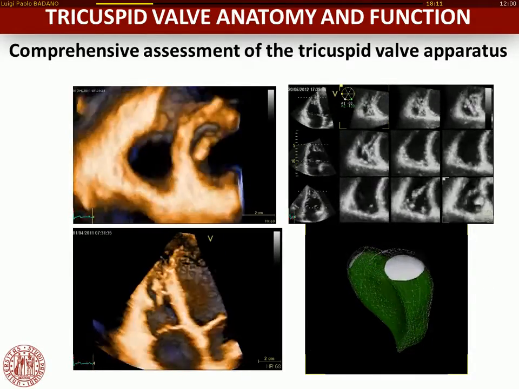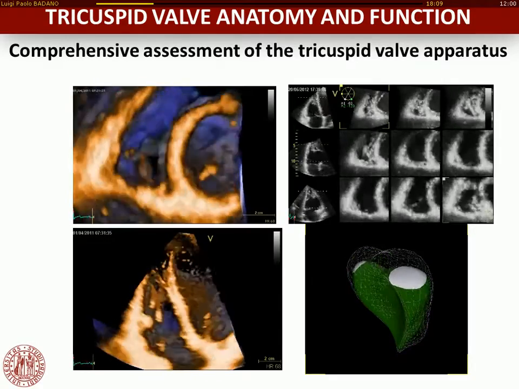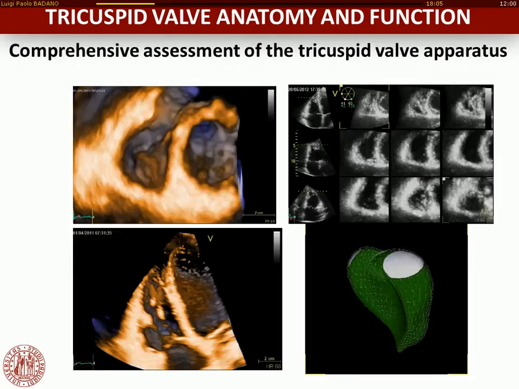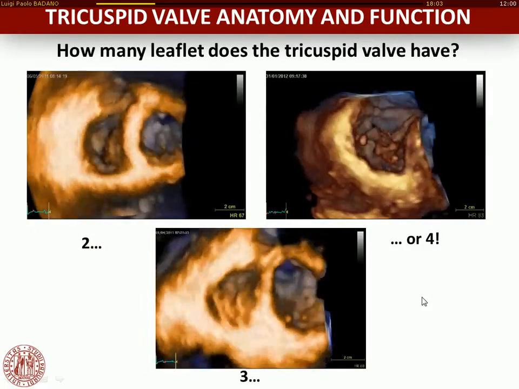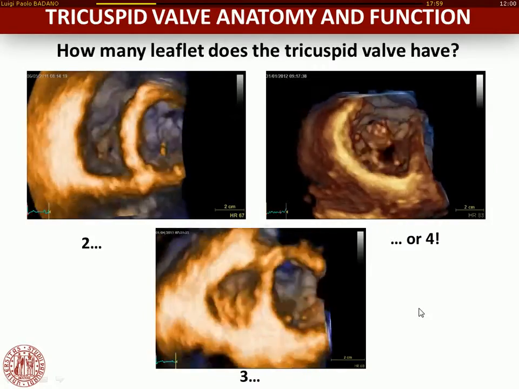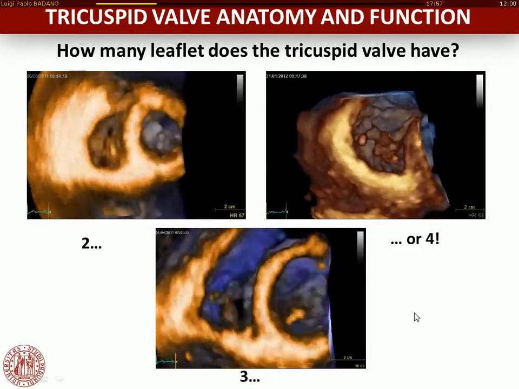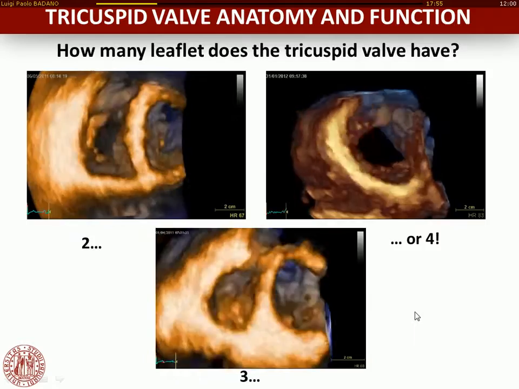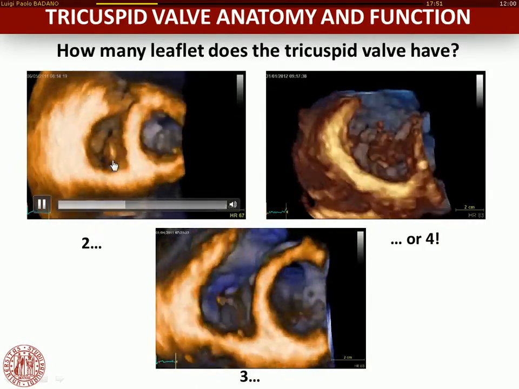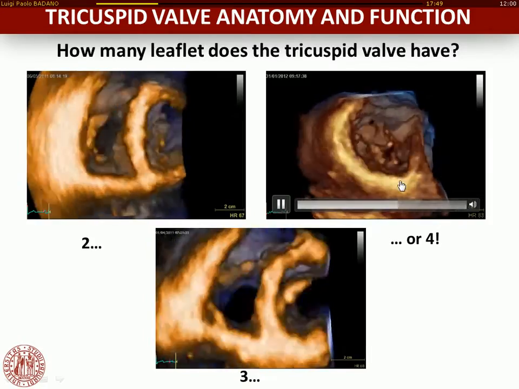Having this nice way of looking at the tricuspid valve, we were first interested in looking at its anatomy. The first question was, how many leaflets does the tricuspid valve actually have? We have seen that in some cases there are just two leaflets. In some cases, there are four.